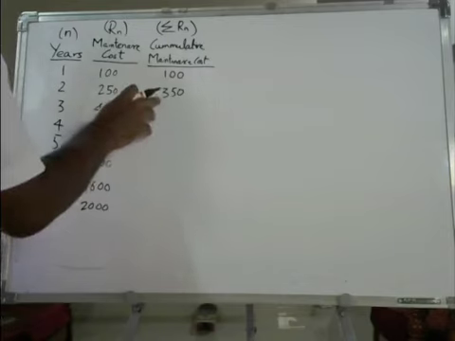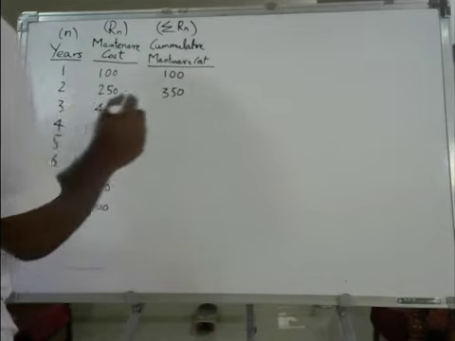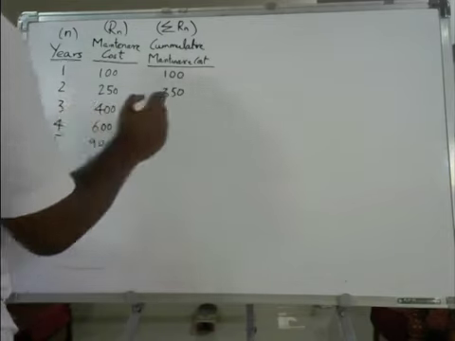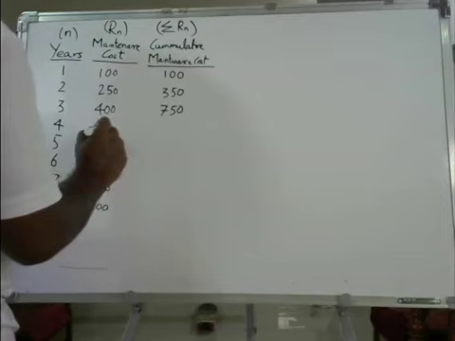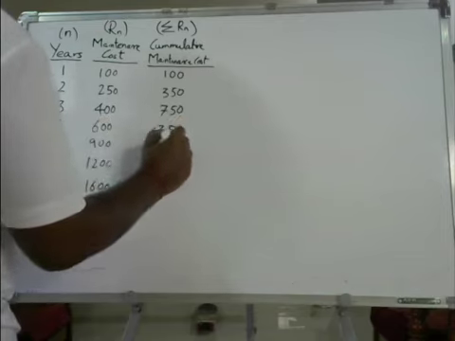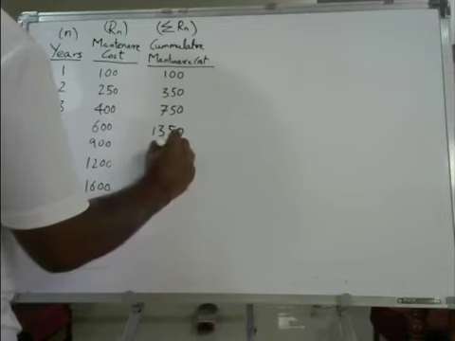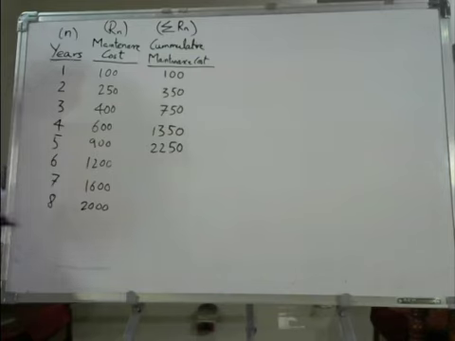Then it is 350 plus 400, that is 750. In this way it is 750 plus 600, it is 1,350. Then 2,250.